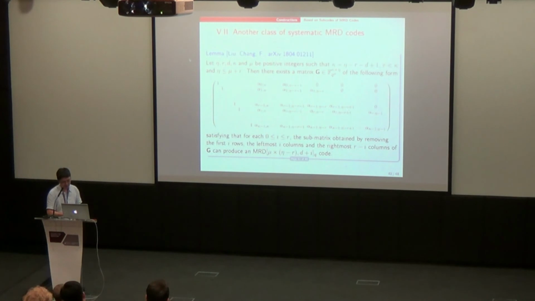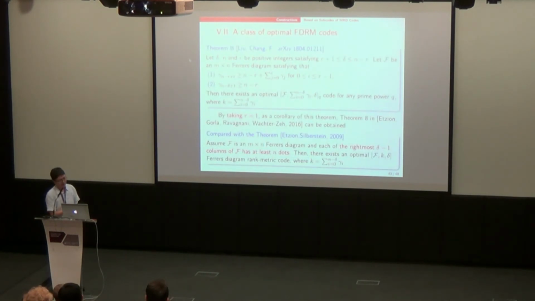I mention another one. We can obtain this result. In this theorem, there is a parameter r. When r equals 1, we can obtain two results. Actually, the technique is similar, but we prove it more carefully, and we generalize the results.